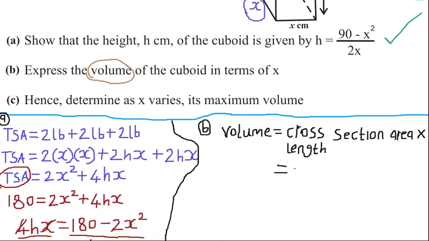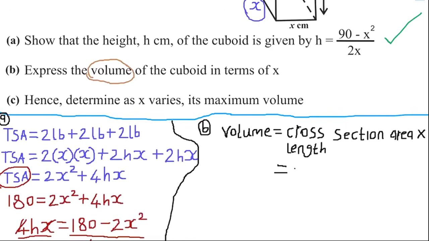For you to know this process, what you have to keep in mind is that by cross section area, what we mean is that you have to select one side, one part of the prism.